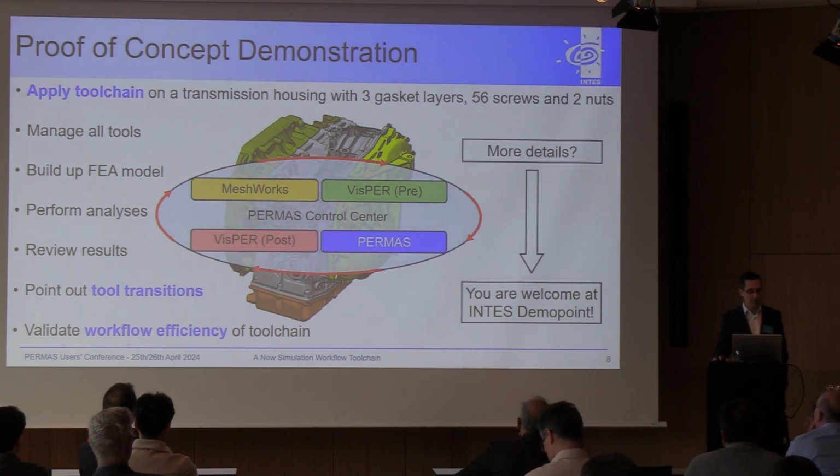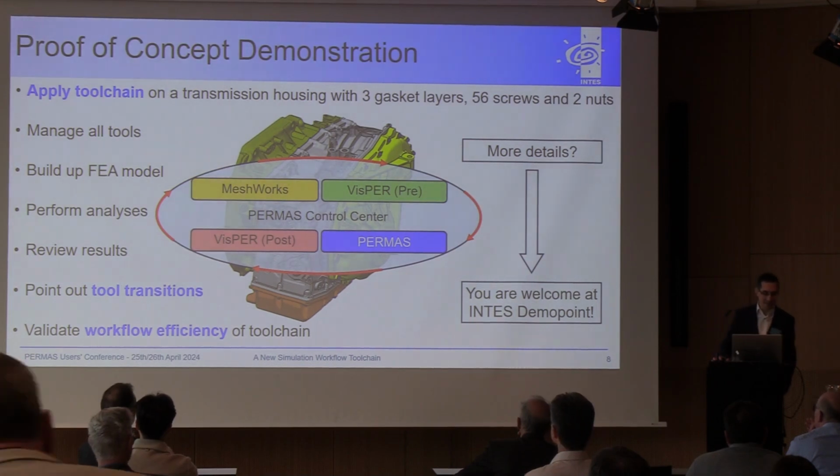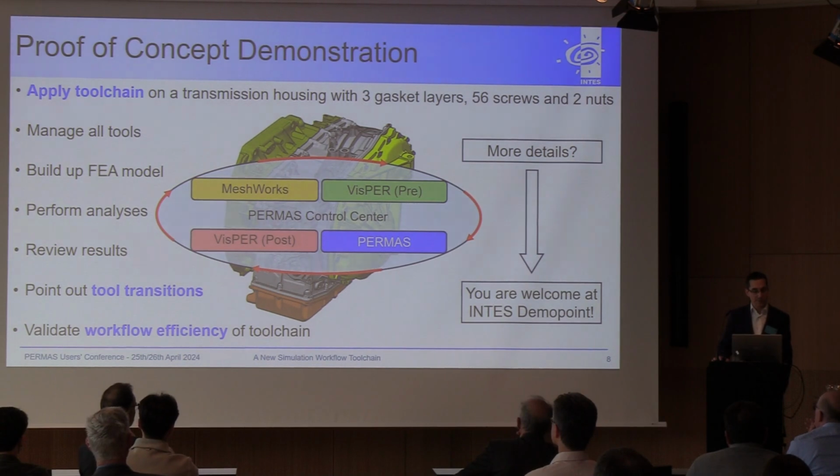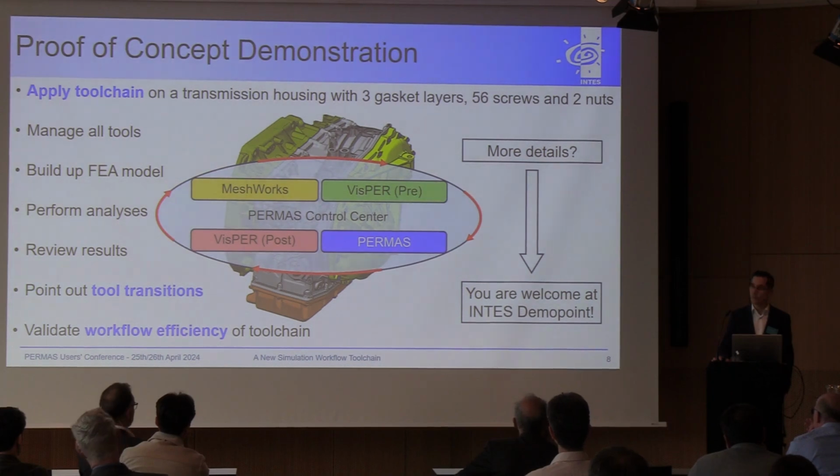So we have to manage all the tools, build up the FEA model, perform the analysis, which is an easy task in this case, and review the results. What I want to do here is point out the tool transitions, as I mentioned, and validate the workflow efficiency of this tool chain. For more details on that, I would invite you to visit our info point over there, where we have the model on screen.